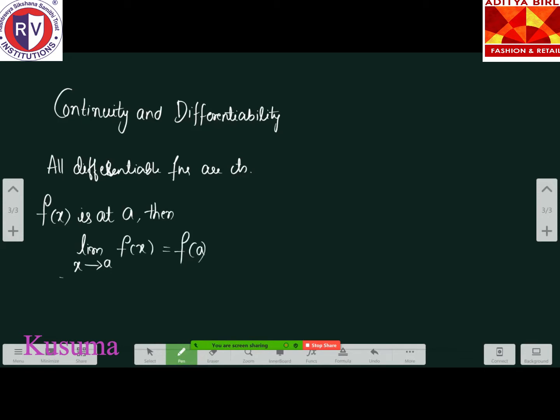Then only we can say that the function is continuous at a. Keep this in mind. All differentiable functions are continuous, but the vice versa is not true. There are some continuous functions which are not differentiable also.